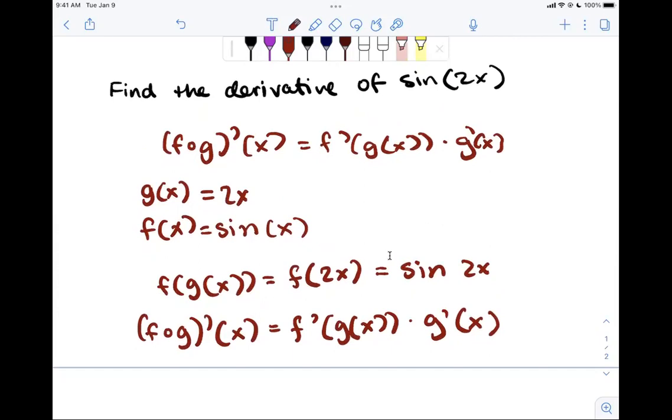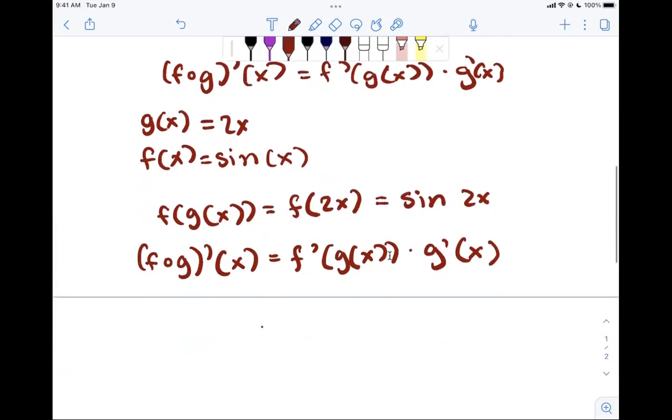So f prime of anything is cosine of that thing. But we're applying it to g of x, we're applying it to 2x. So this is going to give us a term of cosine of 2x, times g prime of x. g of x is 2x, and the derivative of that is just 2. So we're just going to multiply this by 2. And that's our final answer, 2 cosine 2x.